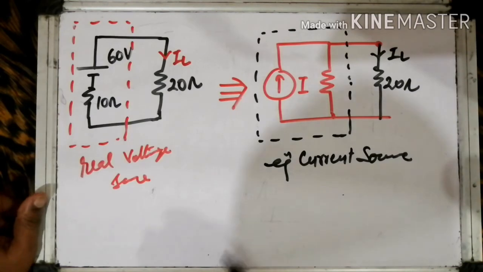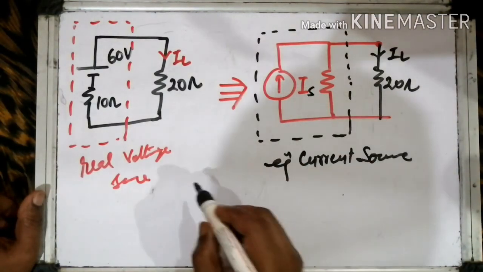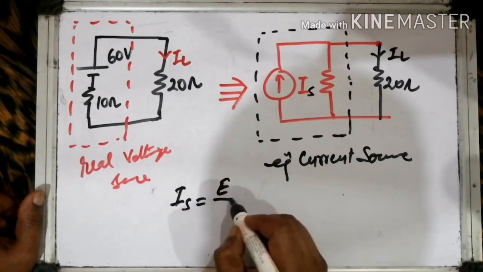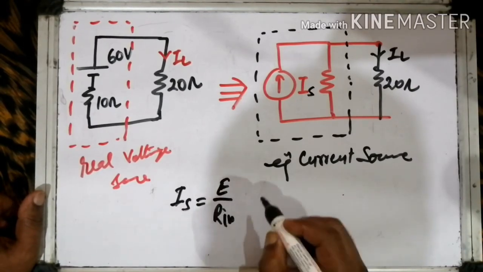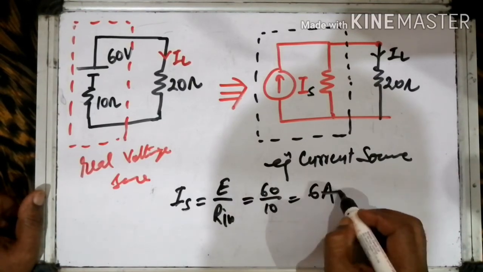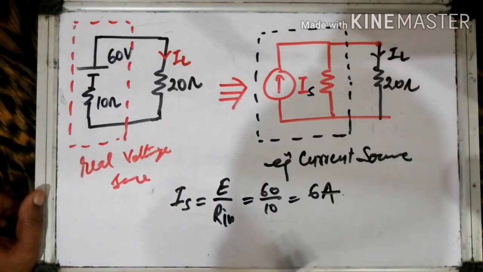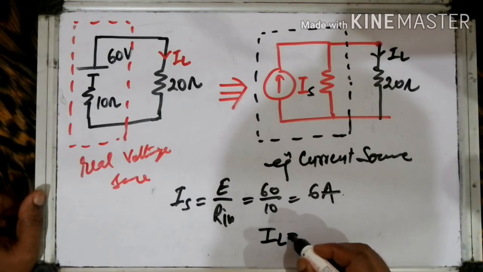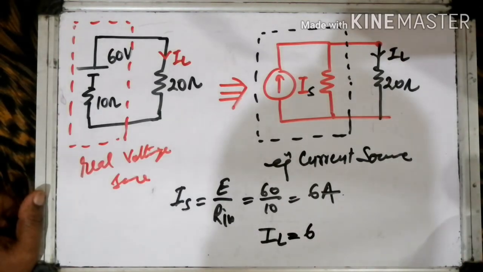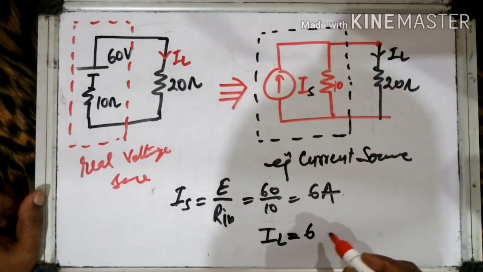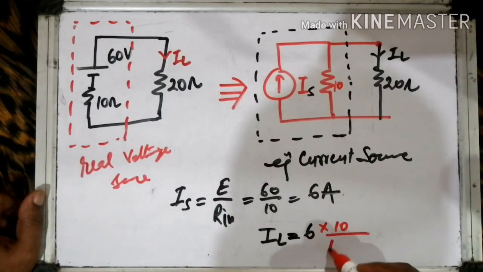current source. Now first of all, calculate the value of current source, which is nothing but voltage divided by Rn. 60 divided by 10, it becomes 6 ampere. Right? Now the value of load current is equal to 6 into 10 divided by 10 plus 20.